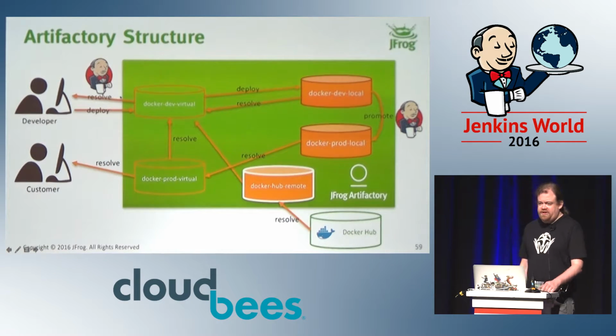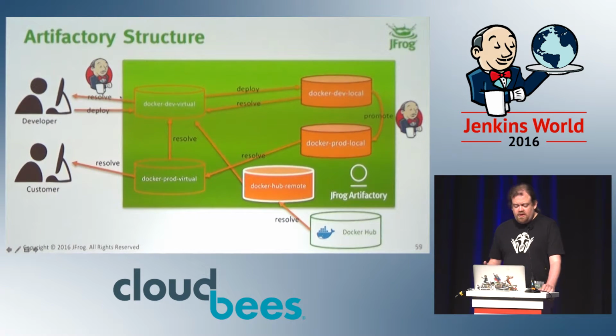The main point of this is that my devs and my CI starting points all do everything through Docker dev. And Jenkins promotes all objects that get into Docker prod. The only way to get into Docker prod is a promotion run by Jenkins from Docker dev to Docker prod.